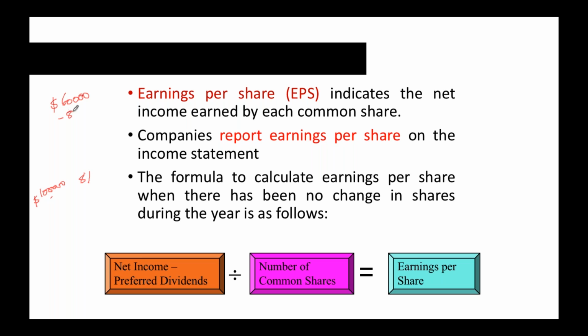So we pay $8,000 to the preference shareholders as preference dividend. Remaining 52,000 only, this 52,000 divided by, say for example we have 10,000 common shares, so it is going to be 5.2. So each common share is earning an amount of $5.2.